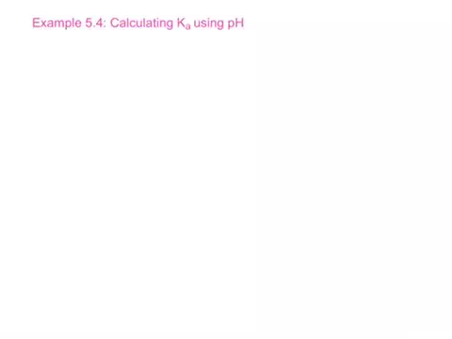So what if you have a problem where instead of being given the value of Ka, you're given a pH value? Well, there's a really important thing to note here, which is that when you're given a value of pH, you're also essentially given the concentration of H3O+ at equilibrium.